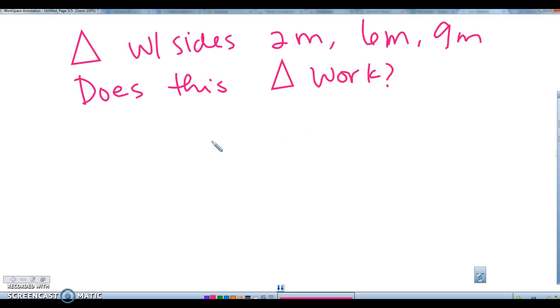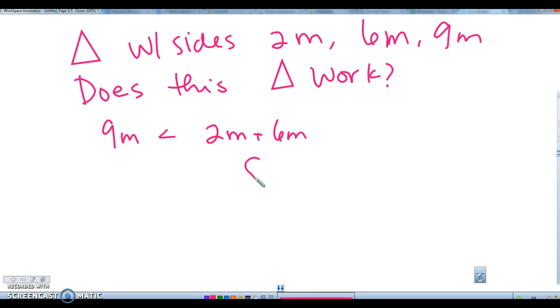Okay, so how I would do that is I would play with the side lengths. And the one I really need to test is the biggest side length. So the biggest side length has to be less than the sum of the other two. So I need 9 to be less than 2 plus 6.